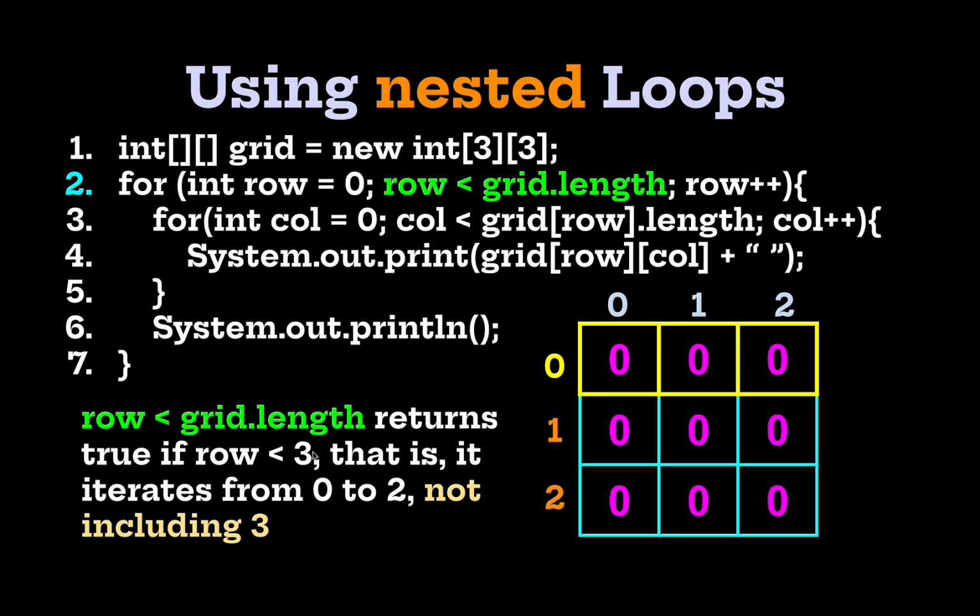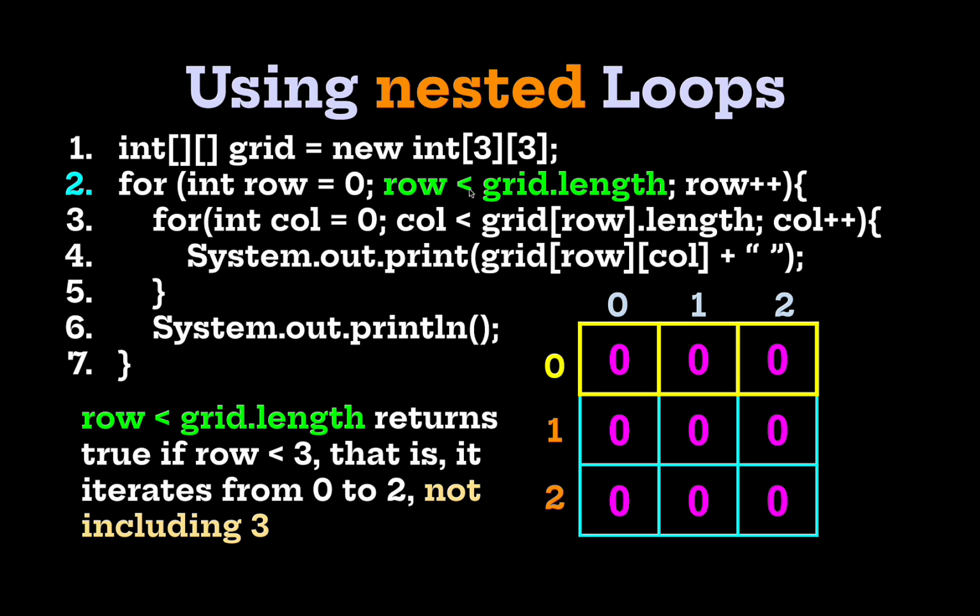So what we're saying is that we want to iterate from 0. Notice that row starts at 0, right? So it's like saying we want to iterate from 0 to 2, because this is less than. We're not going up to 3. And notice how the indices here are labeled from 0 to 2, right?